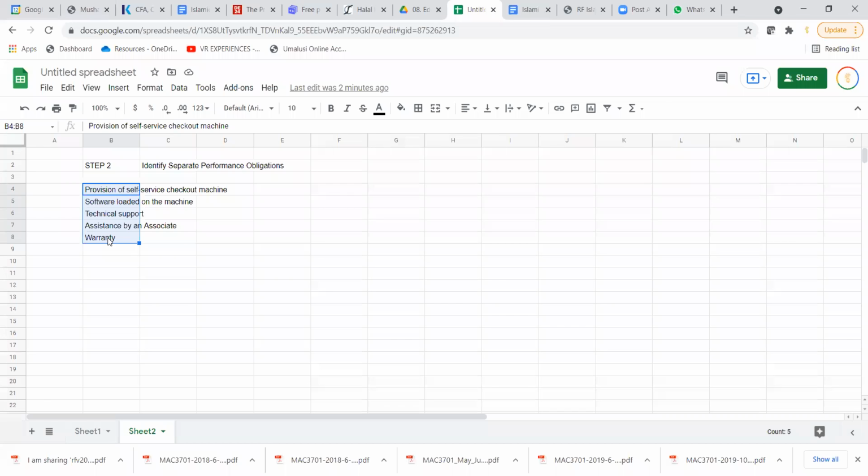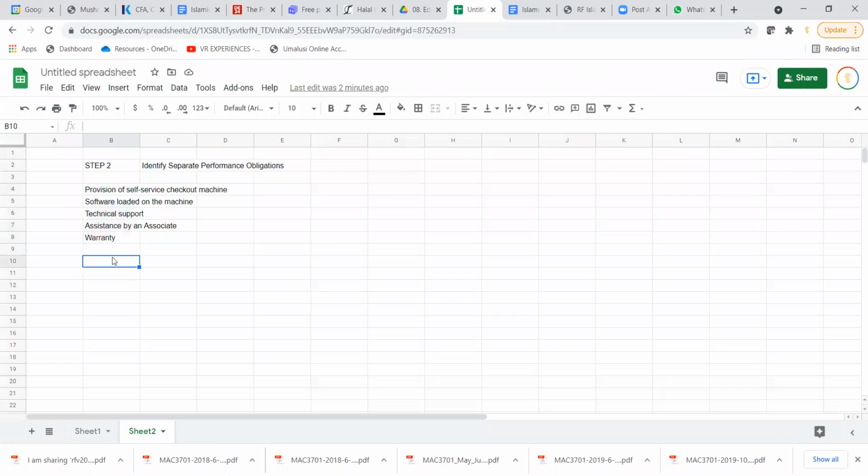Now that we know the four promises, we need to identify, given the circumstances, whether each of those promises is a separate performance obligation, or whether those promises are one performance obligation. So same thing over here. Now that we have identified the promises, now comes the big step, and that is to identify the separate performance obligations for each of these promises. So how do we do it? That's the big question.